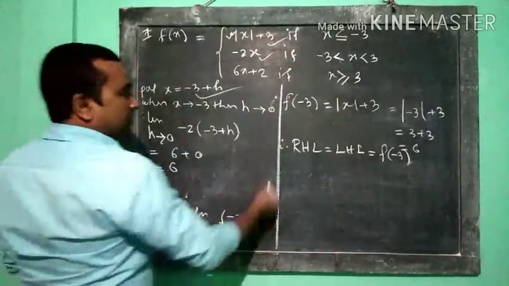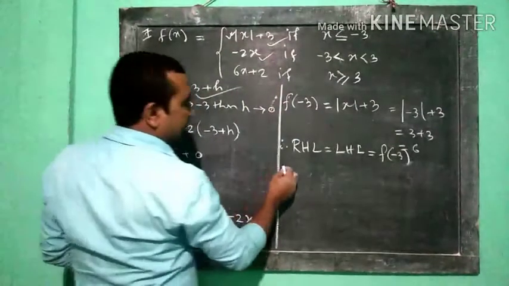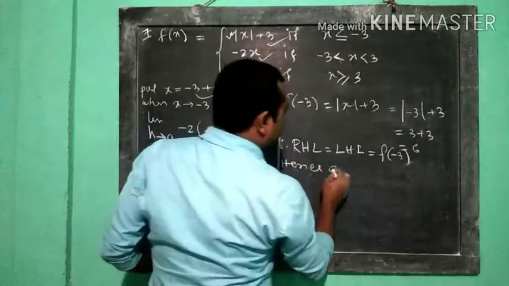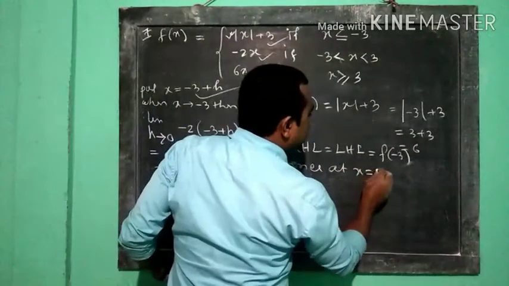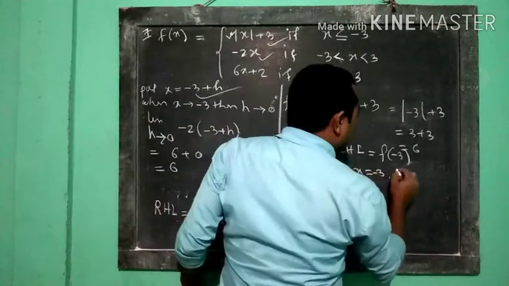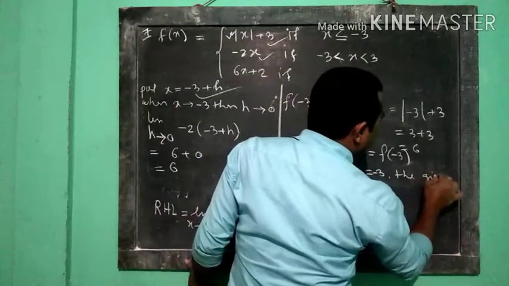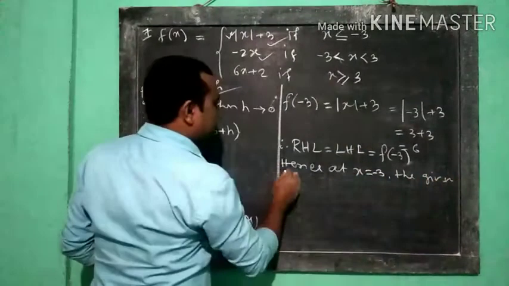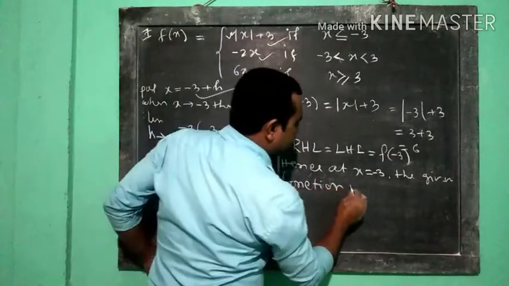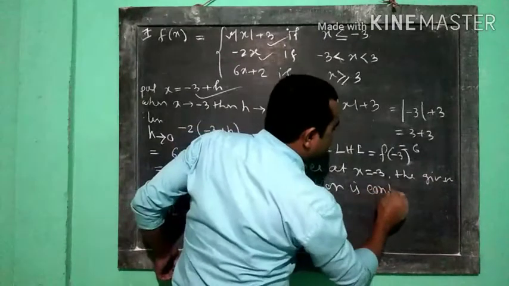Hence, at x equal to minus 3, the given function is continuous.